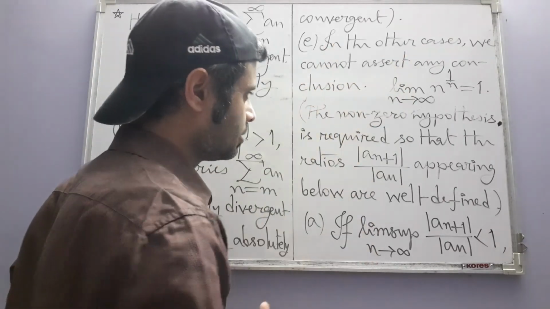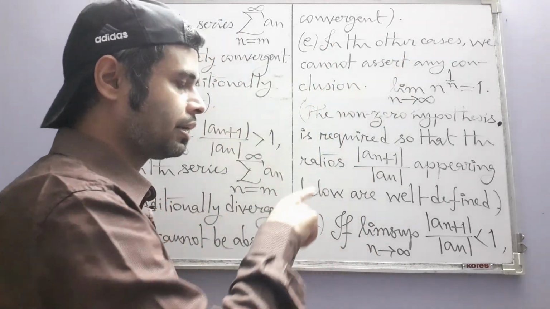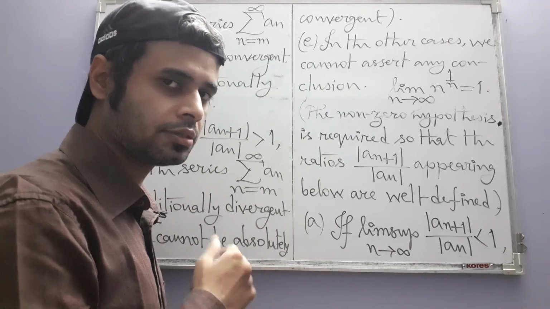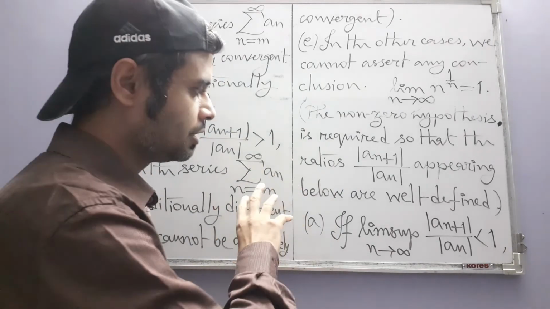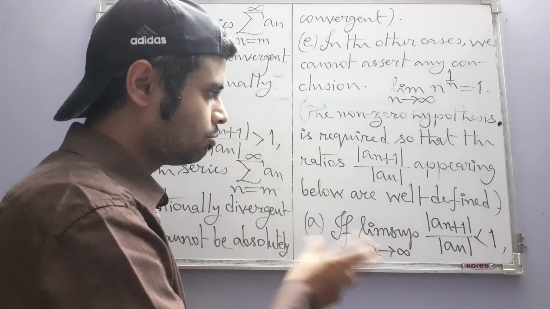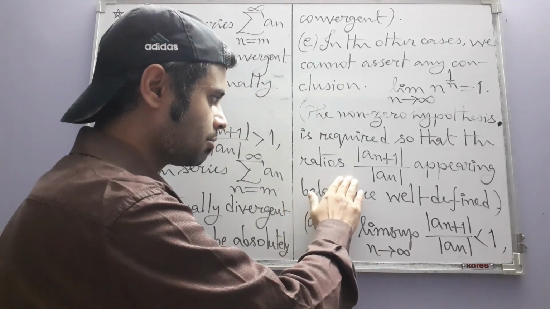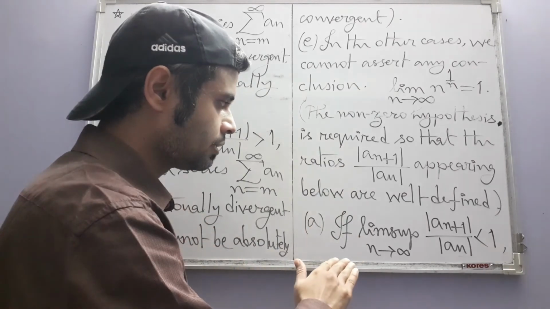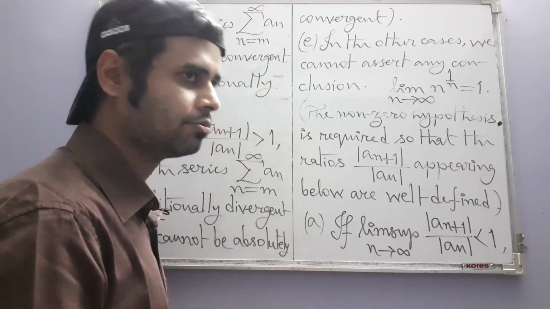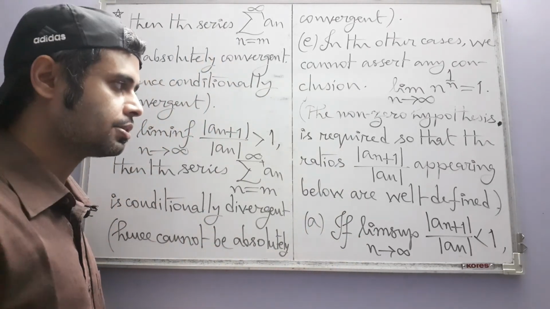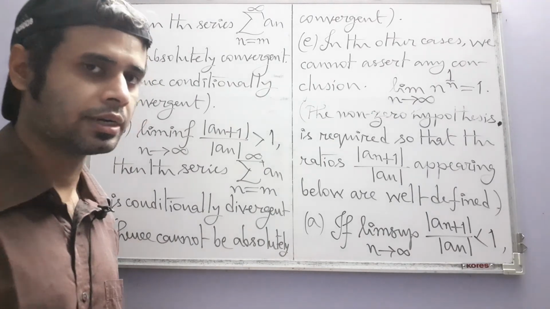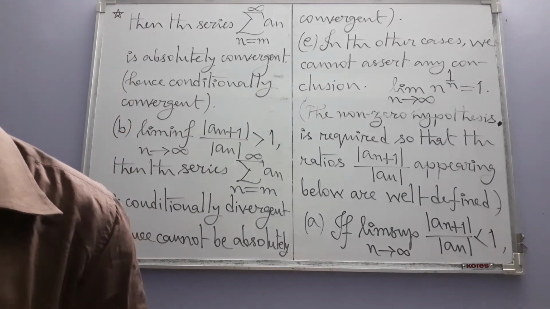There also, when alpha becomes 1, then we cannot say anything. So we will have to provide two examples where alpha equals 1, but one series is convergent whereas the other is divergent. We will see these things in the next video or the one after that.